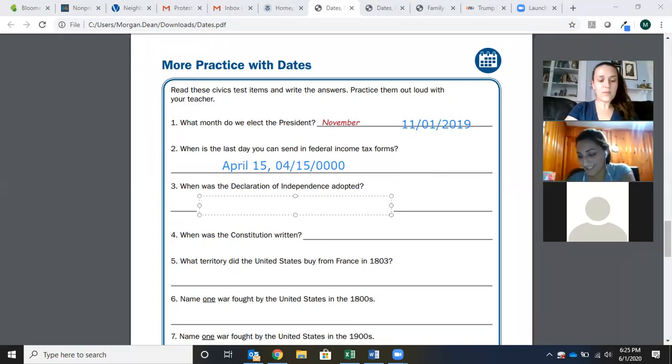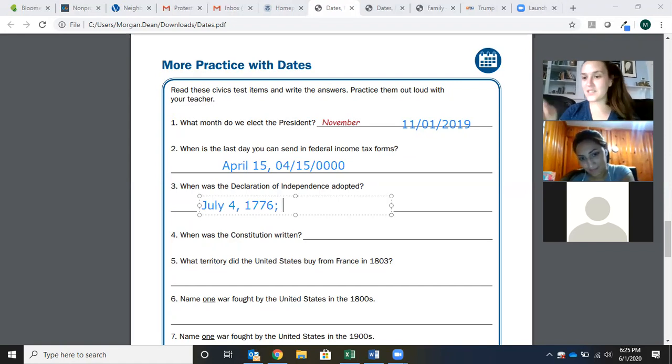So July 4th is when the Declaration was adopted. It's in 1776 is the year. Okay, that's very important. If you get asked that and don't know it, I'll be sad, okay? So on July 4th, 1776, we adopted the Declaration of Independence, and we sent it to King George, and we said, we are free.